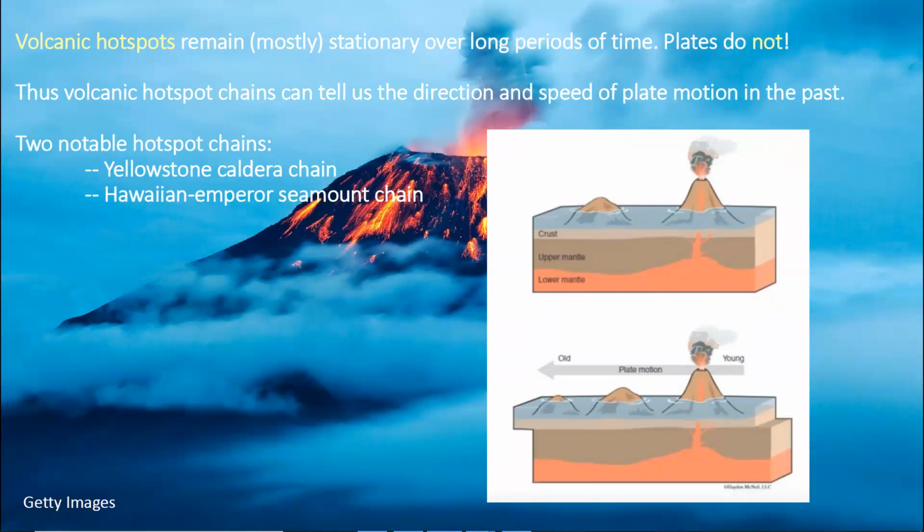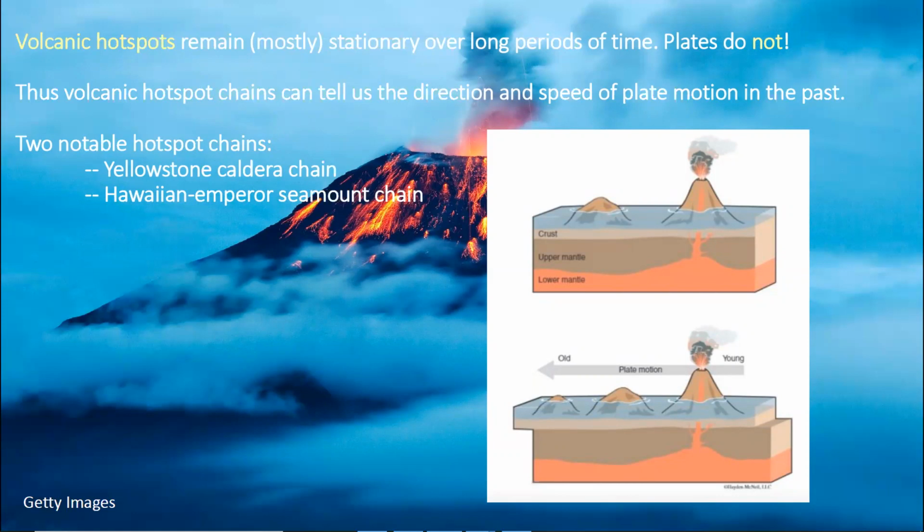So I'll use that and go through an example for an example of some of the questions that you're going to have to answer in the lab quiz. And then in the lab quiz, we'll look at the Hawaiian Emperor Seamount chain, which is a really cool example.